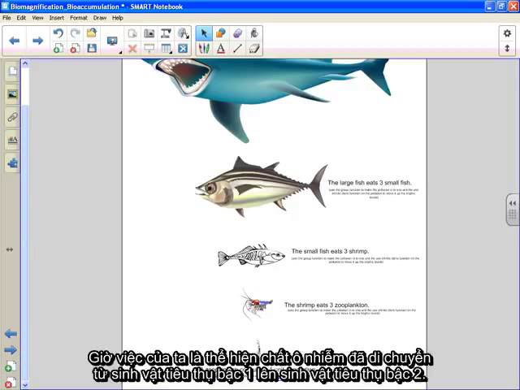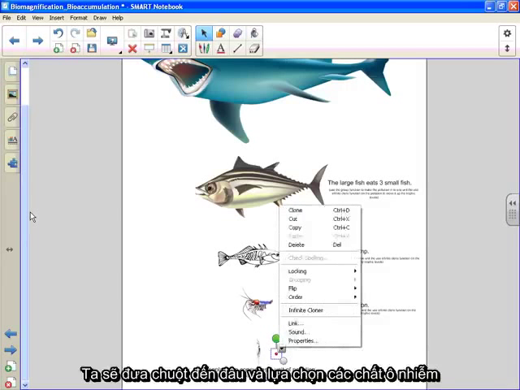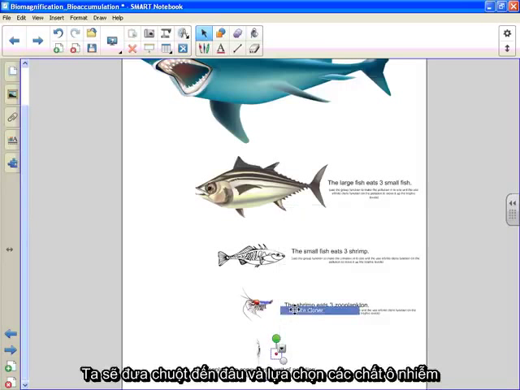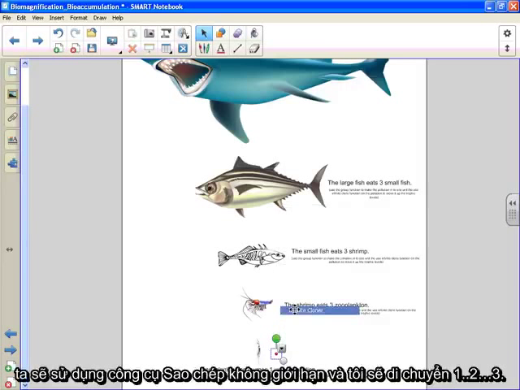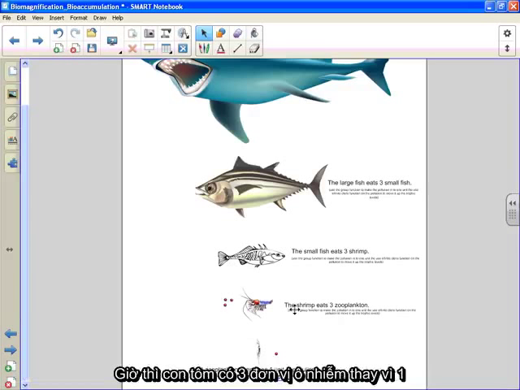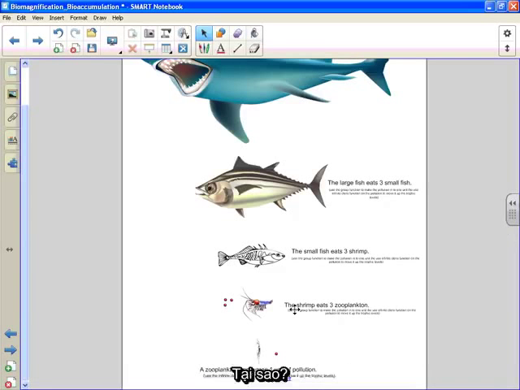So we're going to show that this pollution is going to move from the primary consumer to a secondary consumer. So we're going to go here, we're going to select my pollutants, and we're going to go to the infinite cloner. And I'm going to move 1, 2, 3. Now, this shrimp has 3 units of pollution instead of 1. Why?